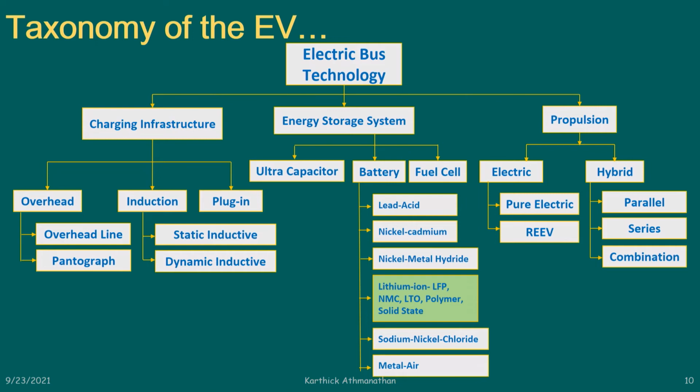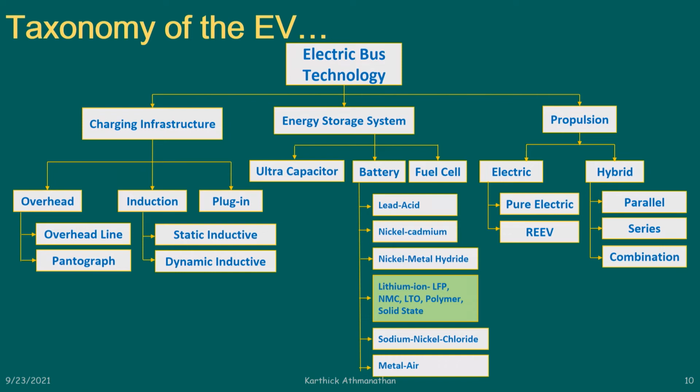And you have propulsions in the EV. Basically, you either have a pure electric vehicle and you charge the battery and drive the motor, or you have range extenders, things like fuel cells or micro gas turbines or other devices which will generate energy and pump it into the battery while the vehicle is running.